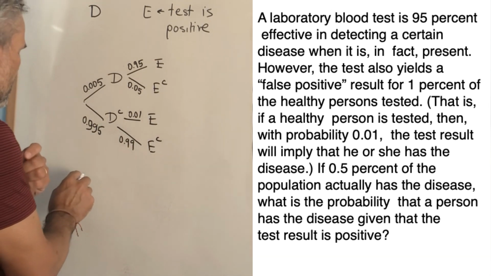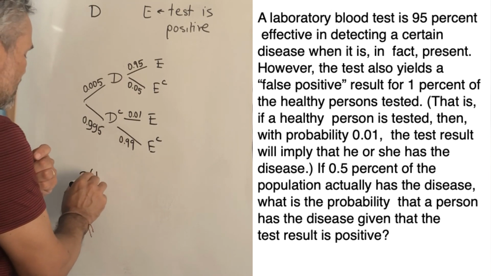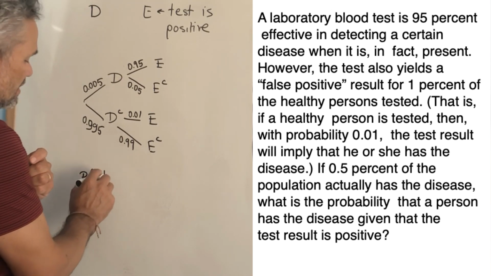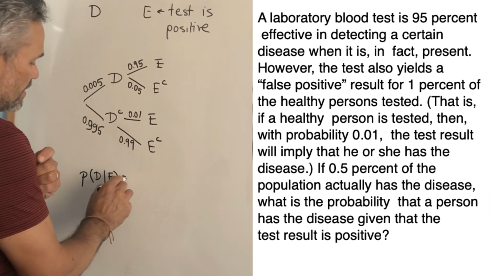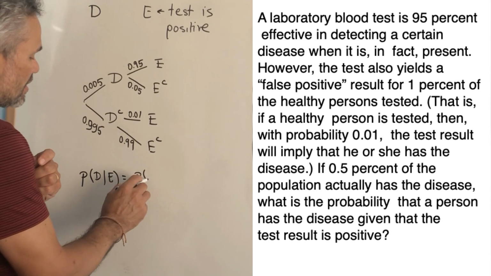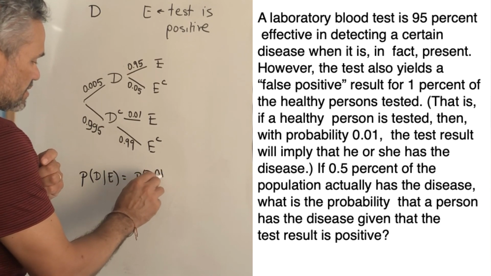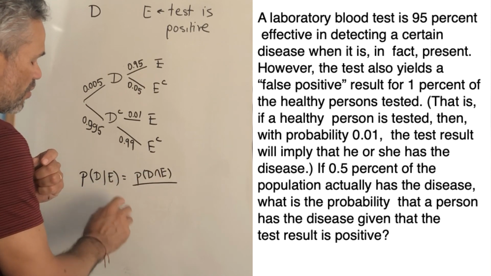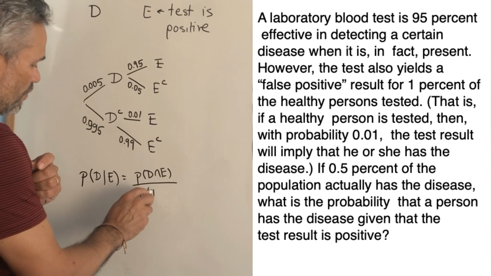Then the question is, what is the probability that the person has the disease given that the test is positive? Then this is just the probability of D intersection with E over the probability of E.